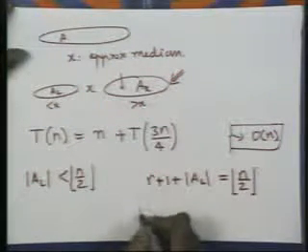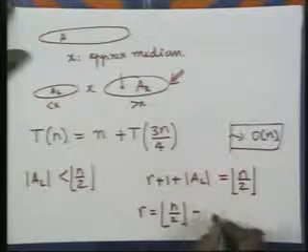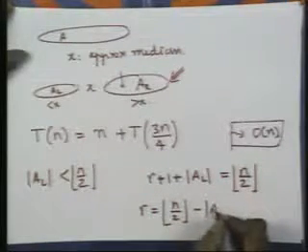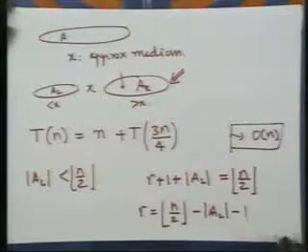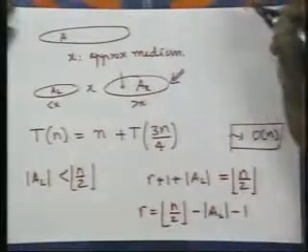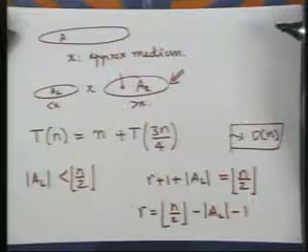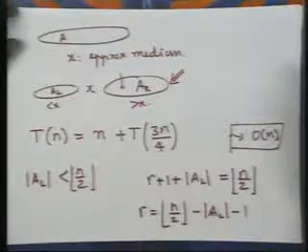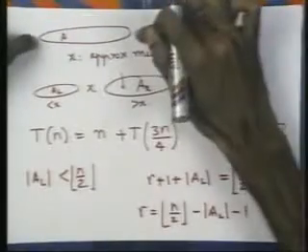In other words, I want r to be n by 2 minus size of A left minus 1. So r is the rank of the median of A in A right.